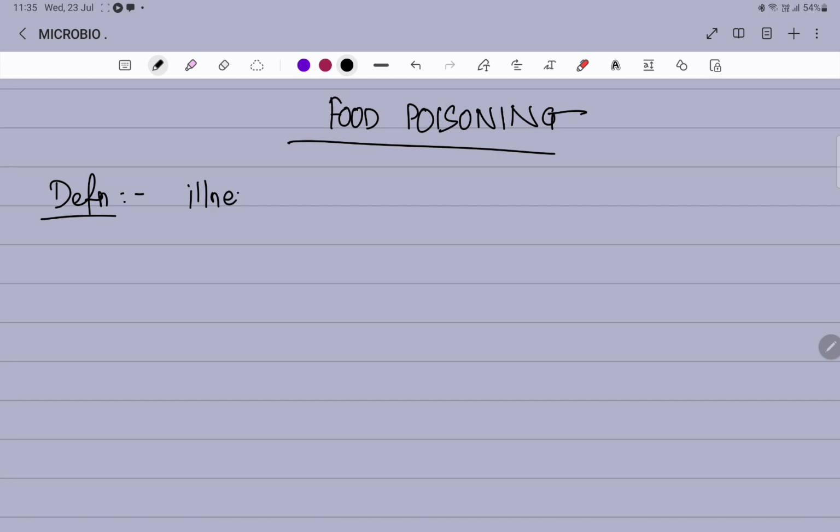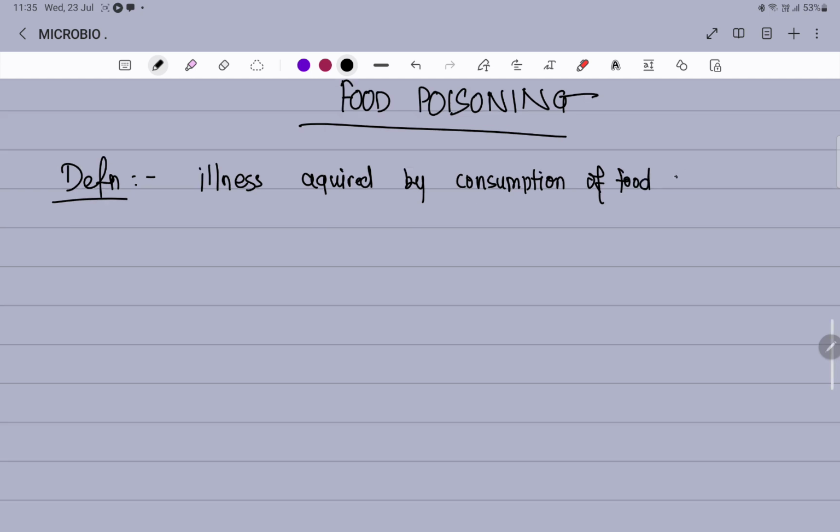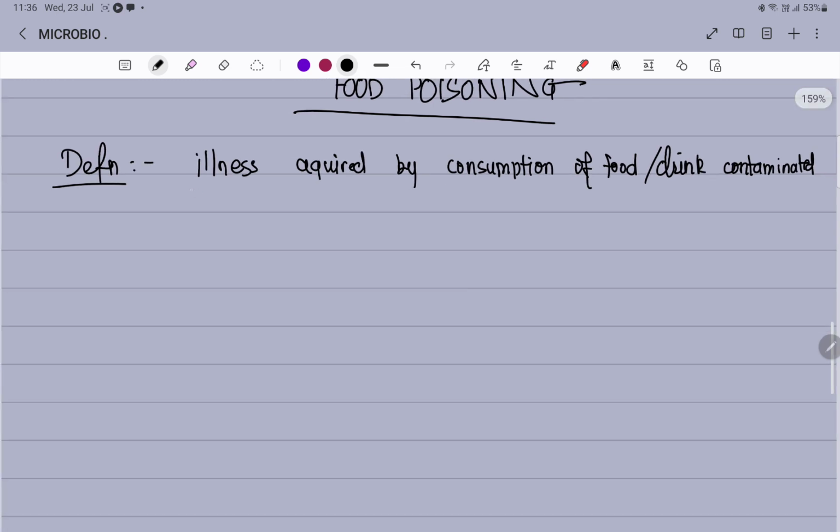So, it is an illness acquired by consumption of food or drink contaminated with microorganism or their toxin.